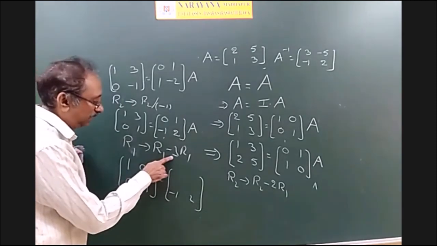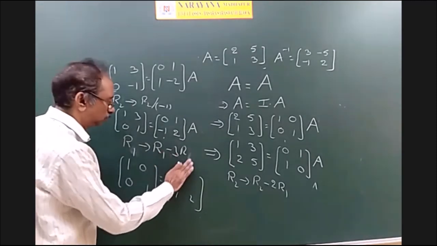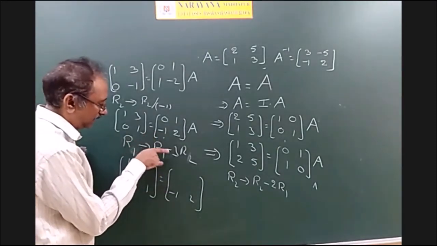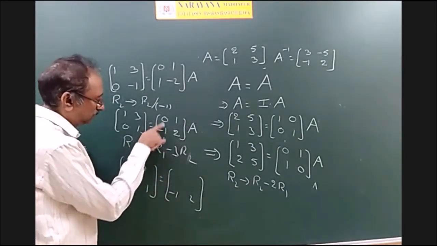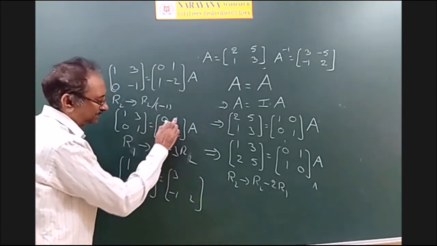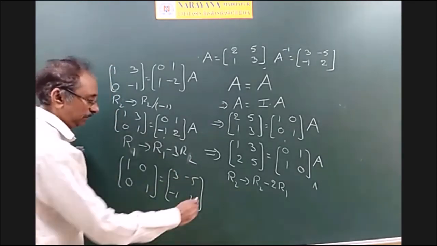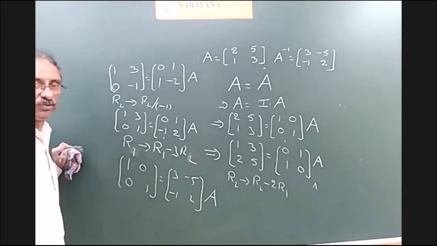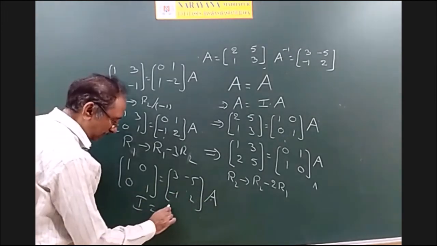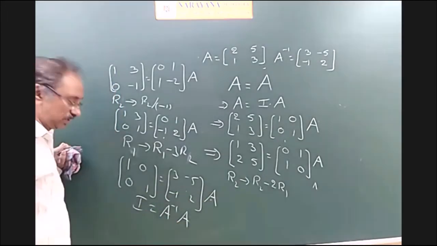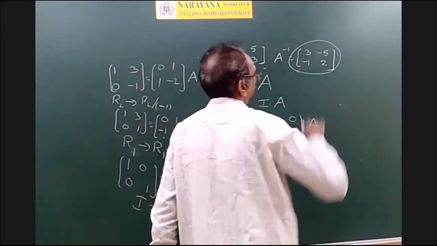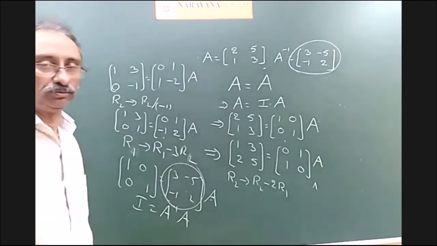And minus 3 into minus 1, 3 plus 0, that is 3. Minus 3 into 2, minus 6 plus 1, minus 5, into A. It's over, because I is equal to something into A. This something must be A inverse. So A inverse is 3, minus 5, minus 1, 2.